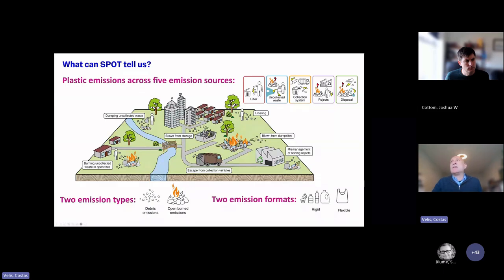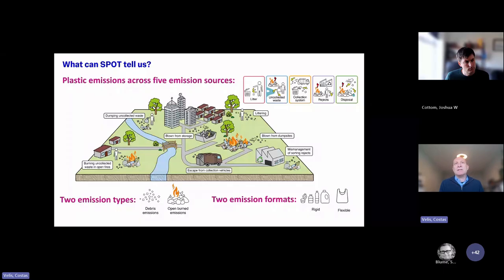And then at the disposal phase, depending on the level of containment and engineering, there will be losses and emissions from there. We diversify through two major forms of emissions or leakage, either physical aspects, debris, or open burning.